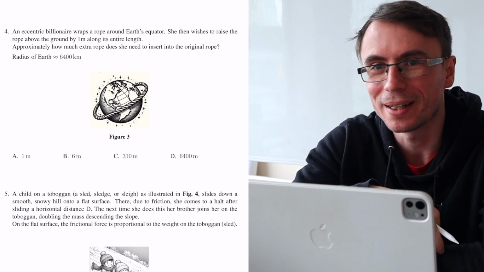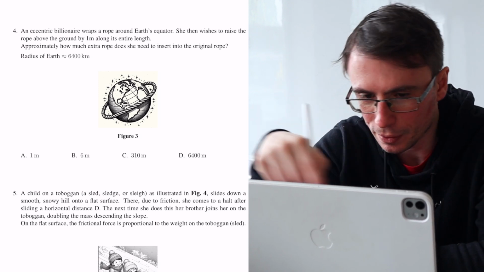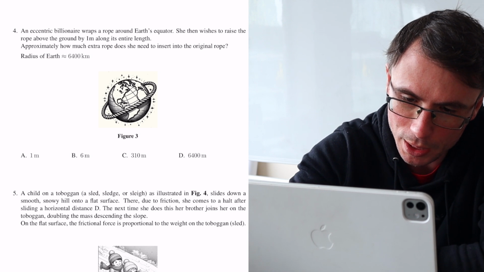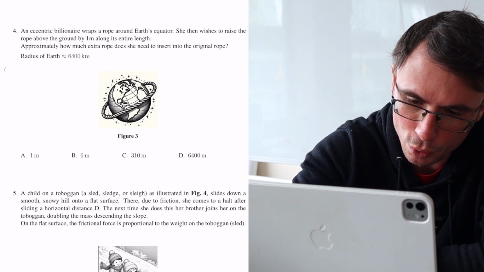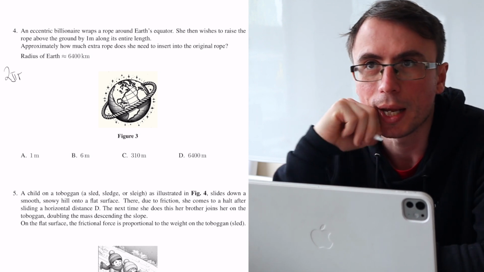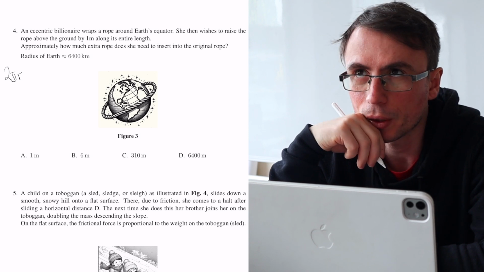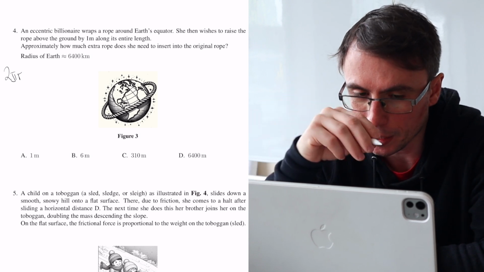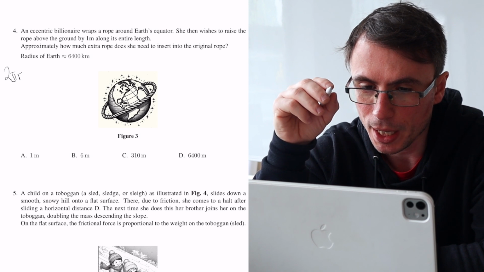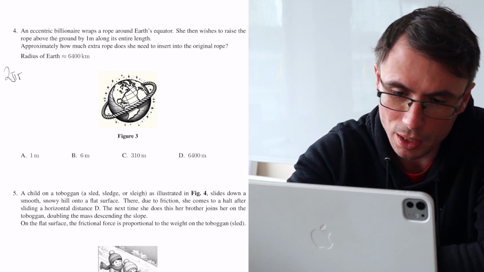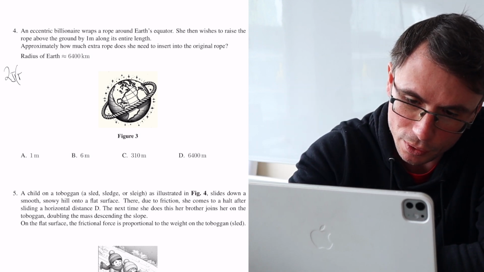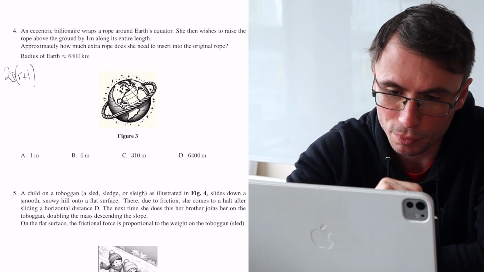Those billionaires, hey! So the circumference should be equal to 2 pi r, and then we're looking for the amount of extra rope. So if we add 1 meter along its entire length, let's say that the new circumference is going to be 2 pi (r plus 1).